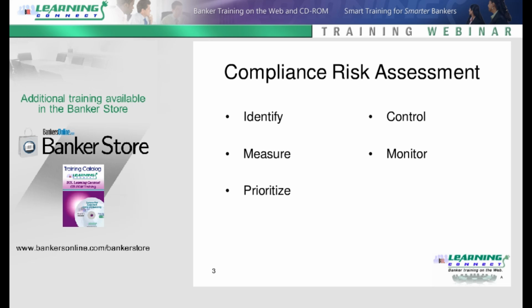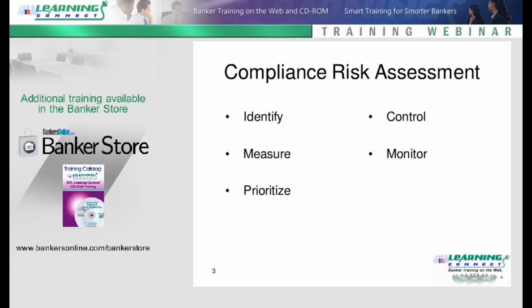You're on the deposit side and you're looking at Reg CC, funds availability, or Reg DD, Truth in Savings. And so you can use these to do your own risk assessment, and then you have a good, solid map that will show you where you need to put your resources.